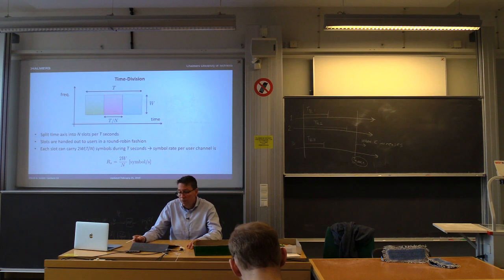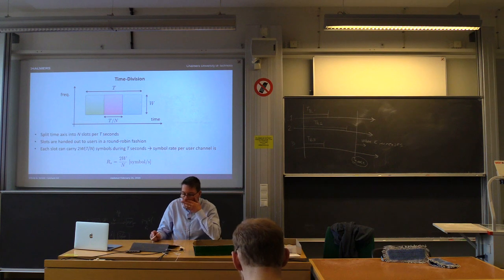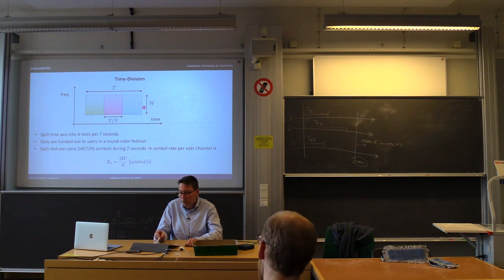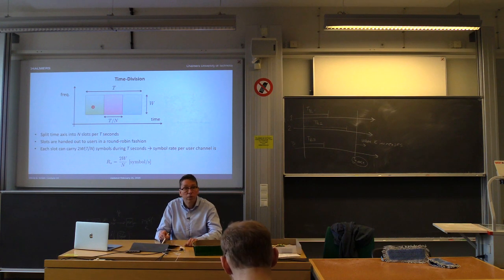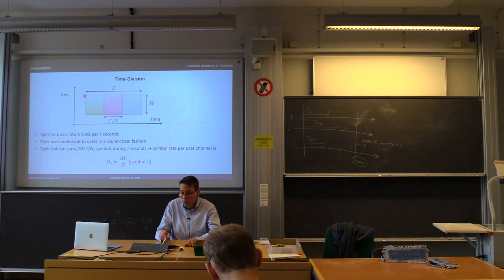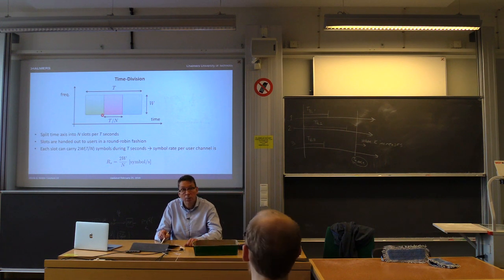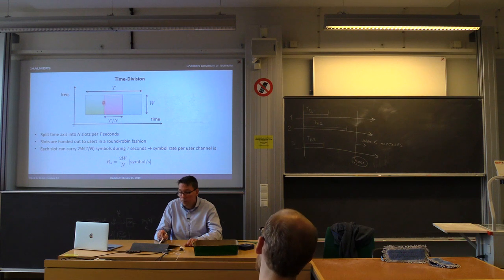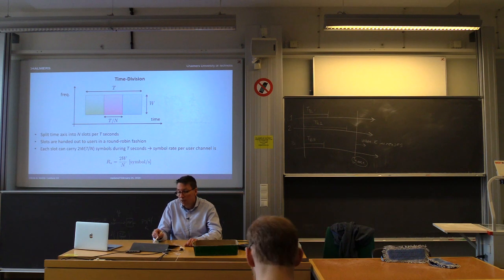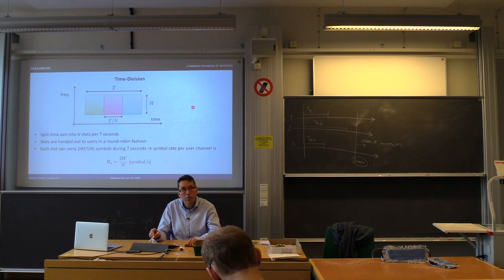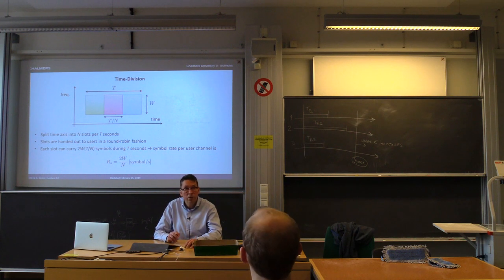We can also split things in time. So we split the time axis into n slots per t seconds. And then these slots are handed out in a round-robin fashion. First the green user gets the full system bandwidth over a certain time. Then the red user gets the full system bandwidth during another time. And then the blue, and maybe we start all over with the green and so forth. Right? So this is time division.